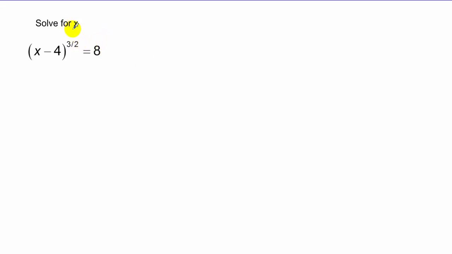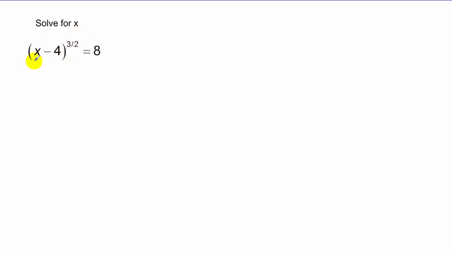In this case, we're going to solve for x, and I have a rational exponent here. So I'm going to do this two ways actually. I'm going to do it with the rational exponents first, and in this case I have to get rid of this power. So in order to get rid of the power, I'm thinking, well, how do I do that?